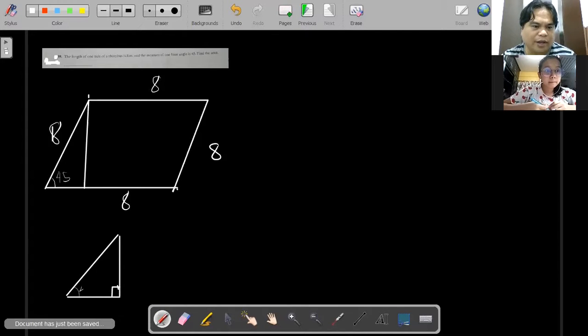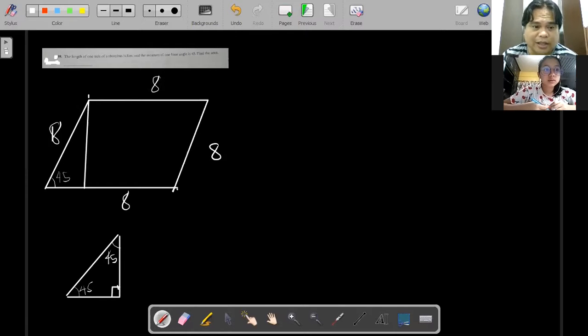This one is 45. So if we have created a right triangle with one of its angles 45, then the other angle aside from the right angle is what? It's also 45, would you agree? So we have now a special right triangle, right, Sam?